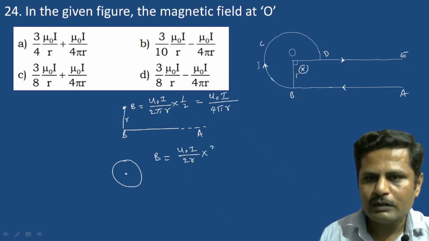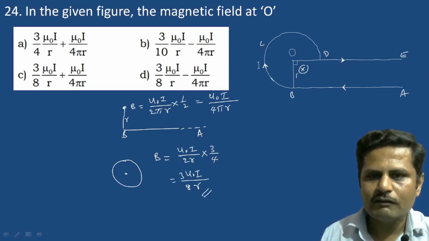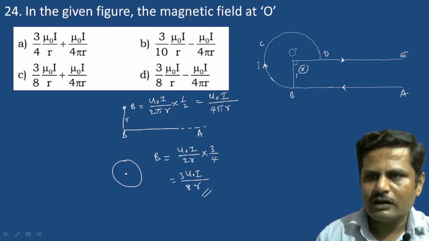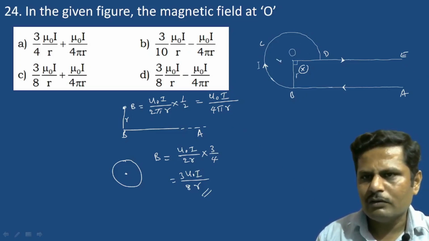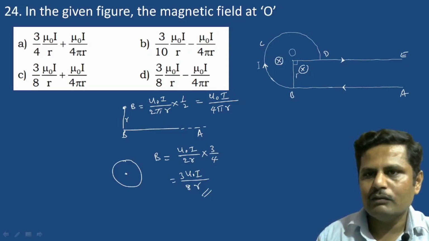So let me multiply by 3/4. This equals 3 mu naught I divided by 8R. This is the magnetic field produced by the segment BCD at the point O. The direction of the current is clockwise, so the magnetic field will be acting inward.